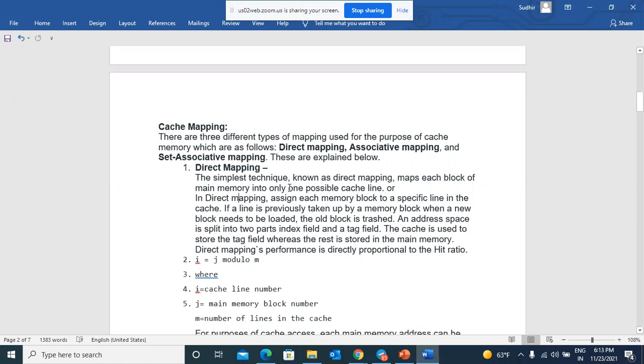The same thing happens in your cache also, but it's very different.